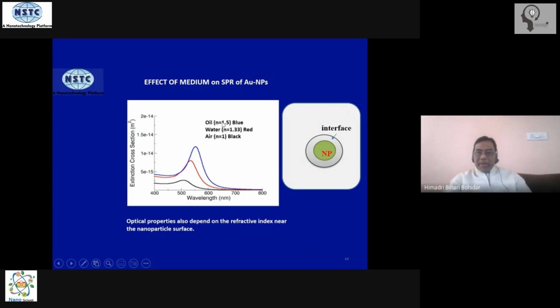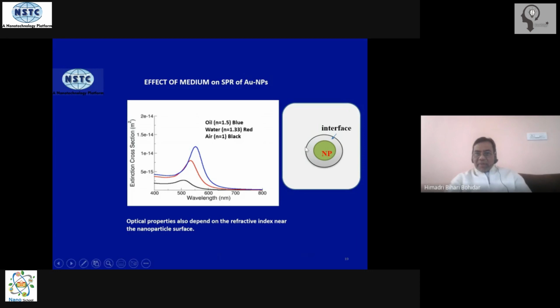When you have oil, you have a much thicker interface sitting here. So when you optically see it in the spectrophotometer, it appears to be much bigger in size. So that's why there is a red shift. You are seeing the maxima at a higher wavelength, what I said just a few minutes ago.